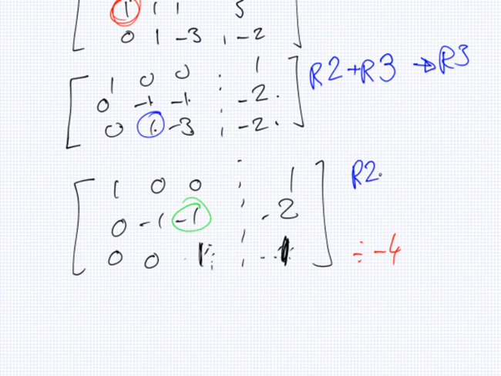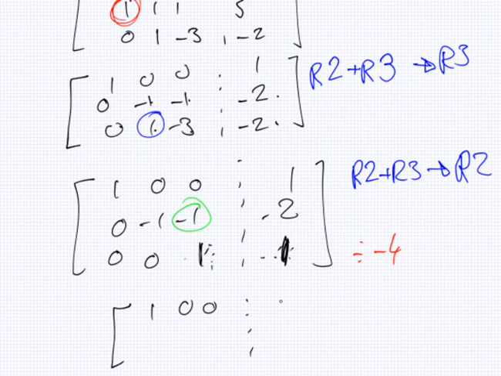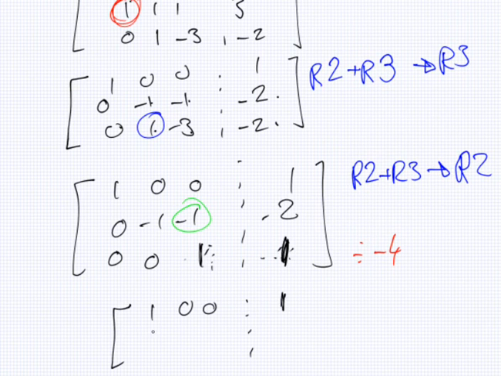That's okay? Yeah. So we'll do row 1 minus row 2 and put the answer on row 2. And we'll do row 1 minus row 3 and put the answer on row 3. So watch this now.